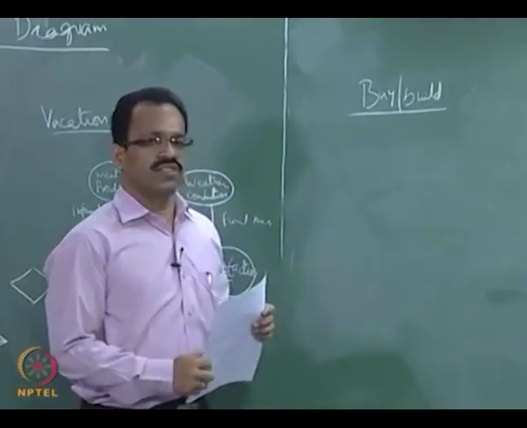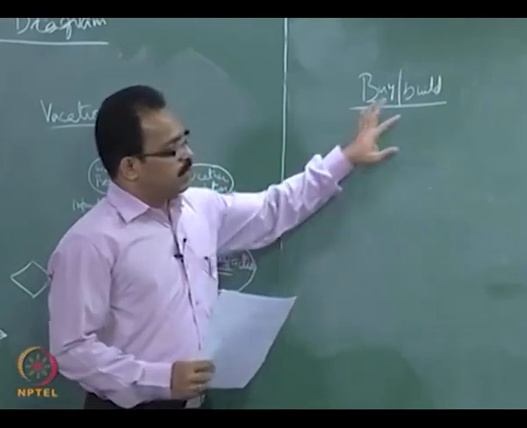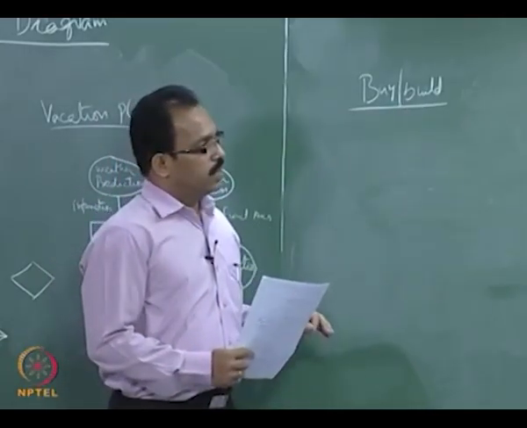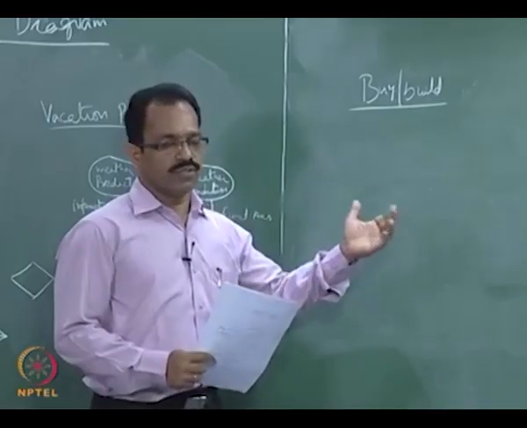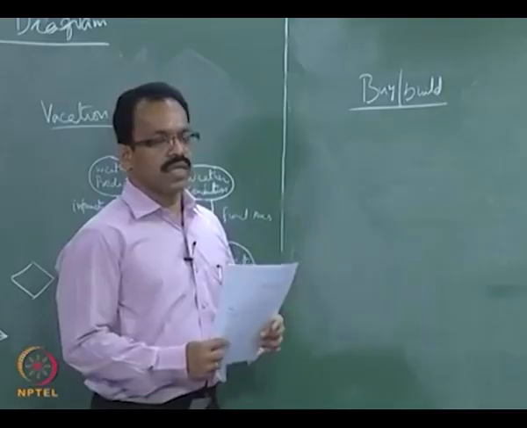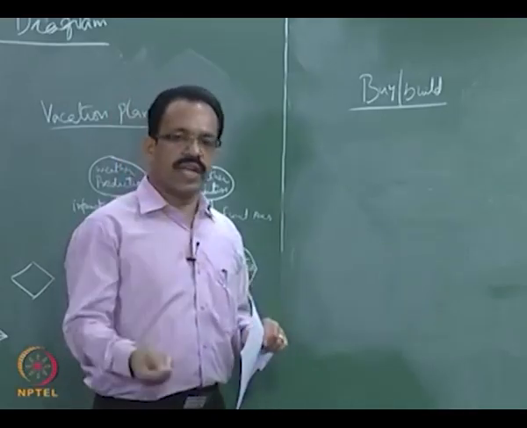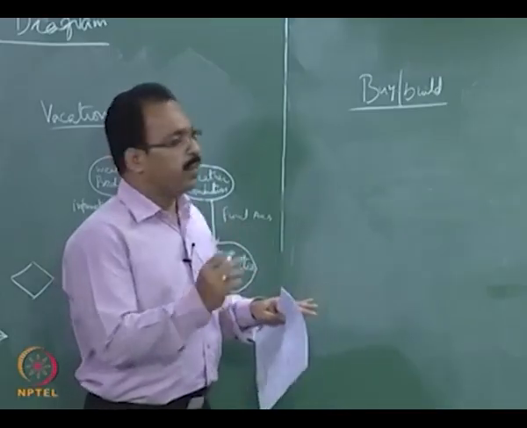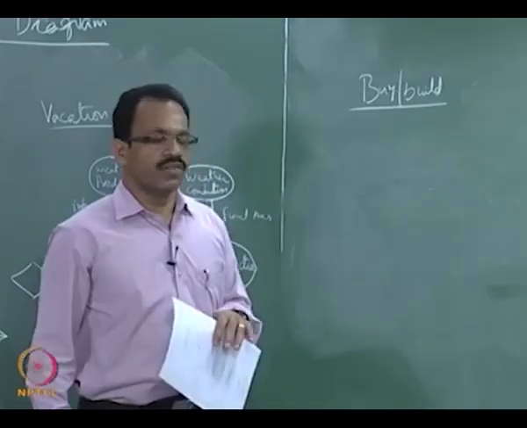That is a decision they need to make, which can be represented using the decision tree, and the decision tree can have all the values, the probabilities as well as the cost and other factors. Of course we can add those parameters also, but for the time being we will just show how to make the decision tree for this particular situation.